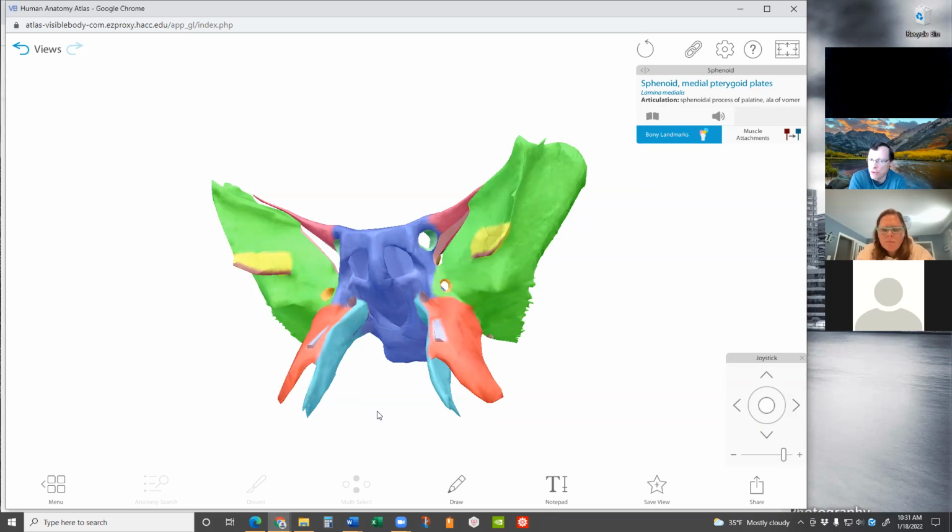And you say to yourself, okay, I just highlighted this, but I don't even know how to say the darn thing. So let's go up here into the selected structures window and hit the little icon for pronunciation. Go ahead and click that. Medial pterygoid plates. Okay.